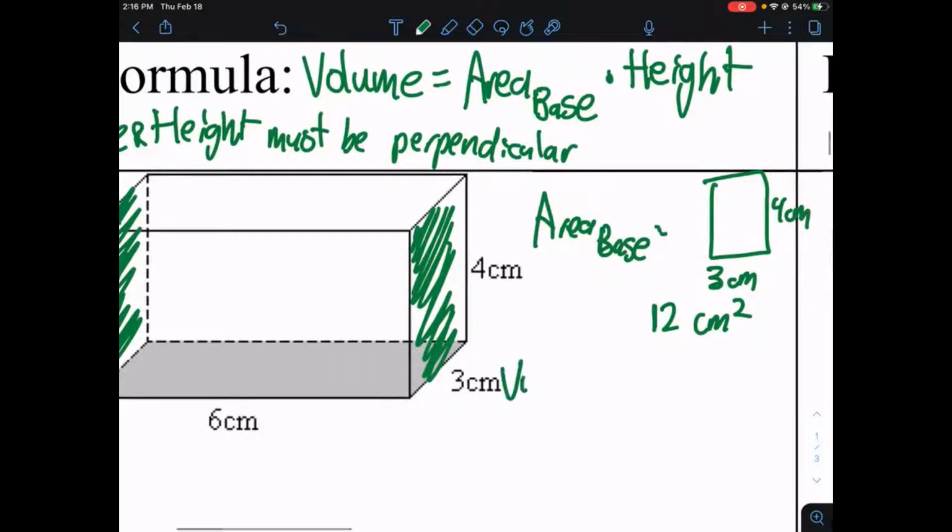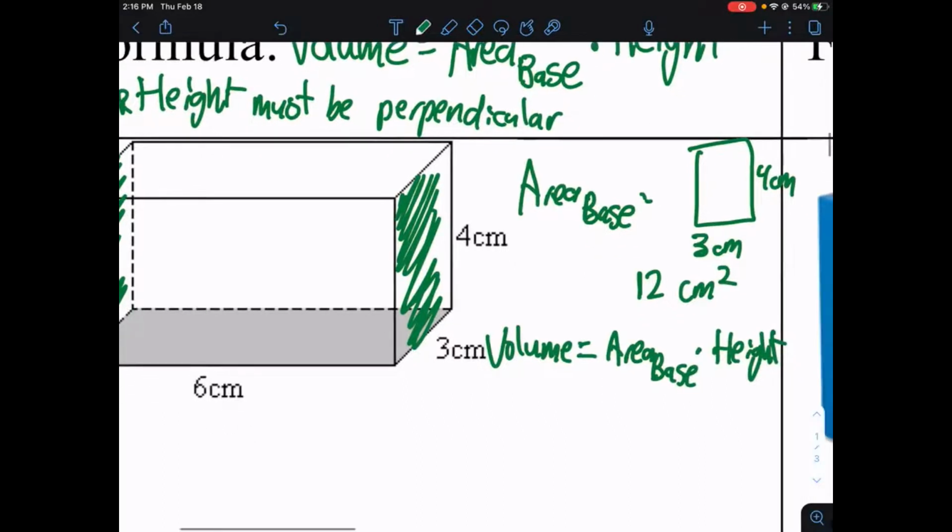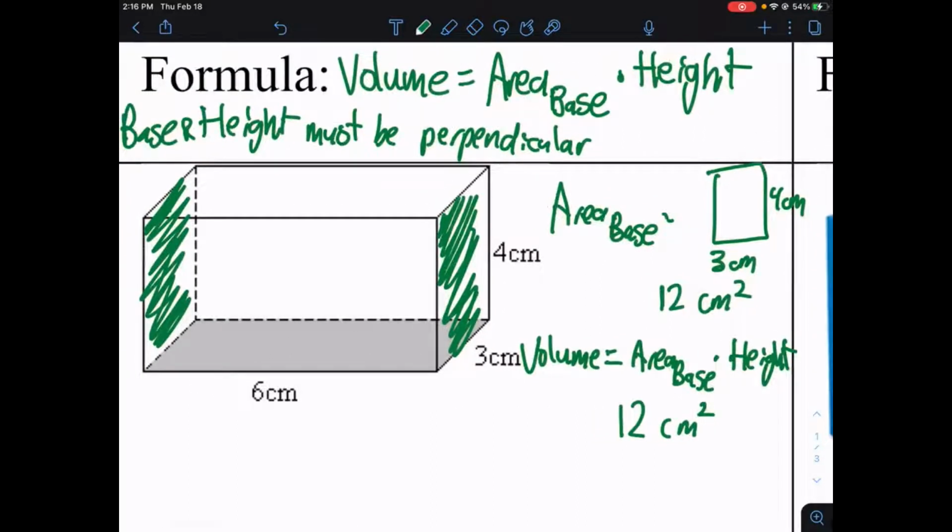Okay, now to get the volume, I said you take the area of the base and multiply it by the capital height. Okay, so we just calculated the area of the base is 12 centimeters squared, and now we're supposed to multiply by the height. So again, the natural thought is, well, up and down is 4.